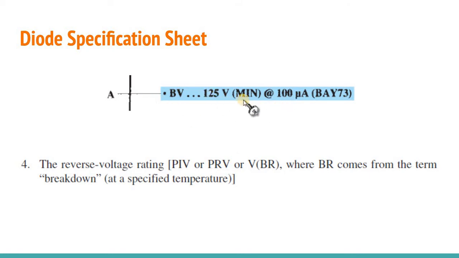So minimum lang na siya nga voltage. Okay, naa ra ni sa libro ha, akong ipang discuss na ni sa libro tanan. The reverse voltage rating, or V BR, comes from the term breakdown at a specified temperature. Breakdown voltage.